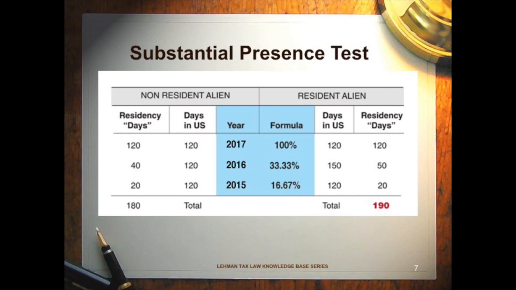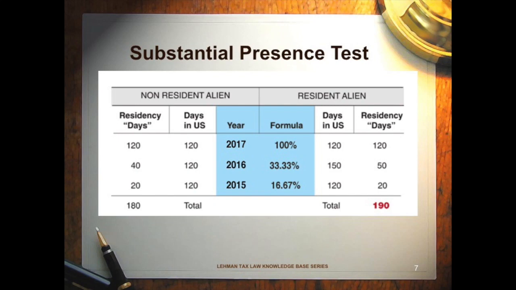The right-hand side, let's go through that same exercise again. You'll see on the right-hand side how somebody became a resident alien by spending too much time here. On the right-hand side, we have someone in 2017 here for 120 days.